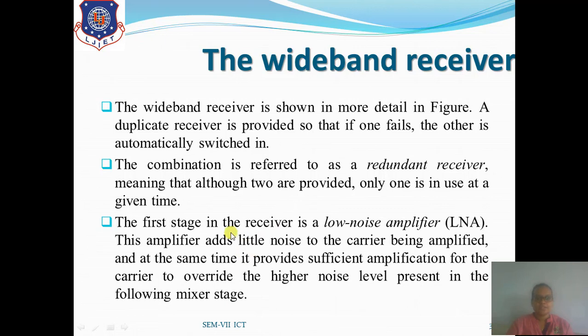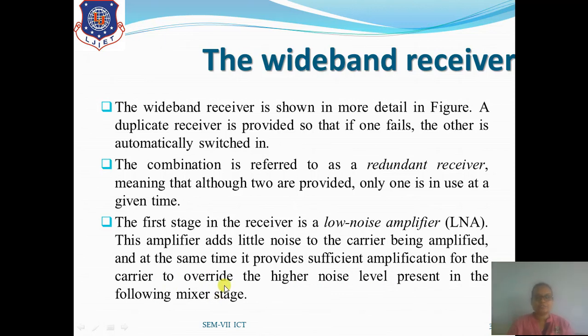The first stage in the receiver is a low noise amplifier, that is LNA. This amplifier adds little noise to the carrier being amplified, and at the same time it provides sufficient amplification for the carrier to override the higher noise level present in the following mixer stage.